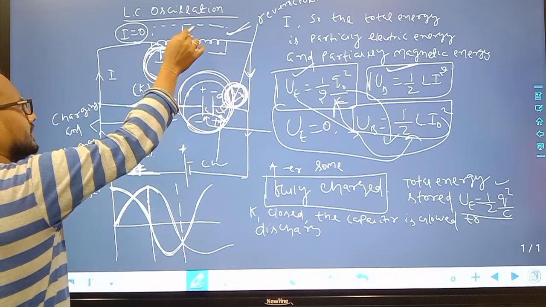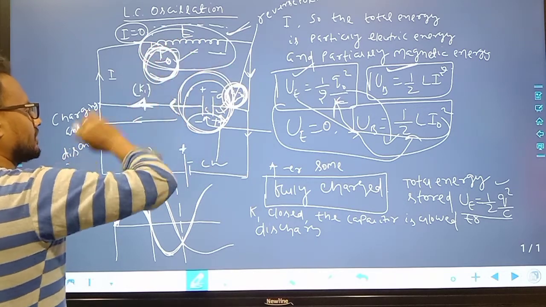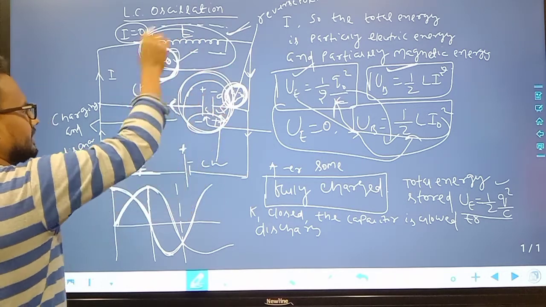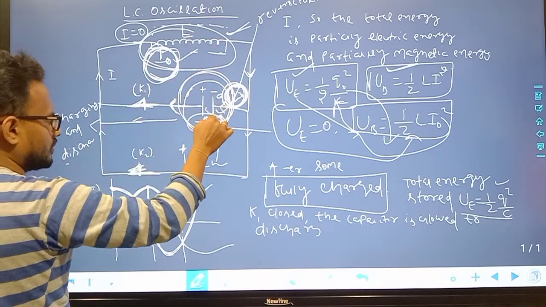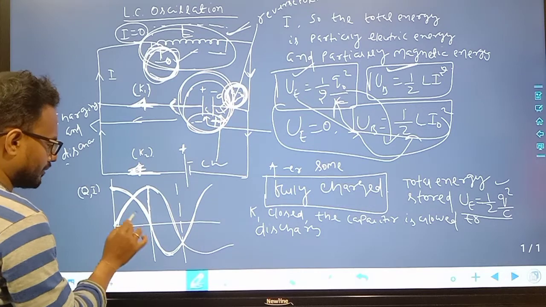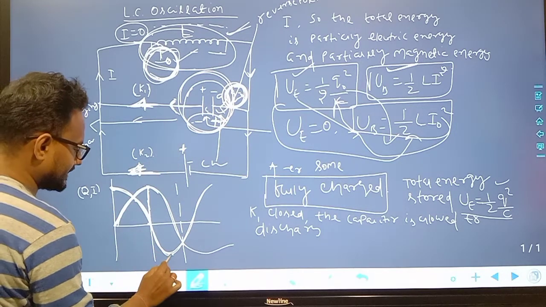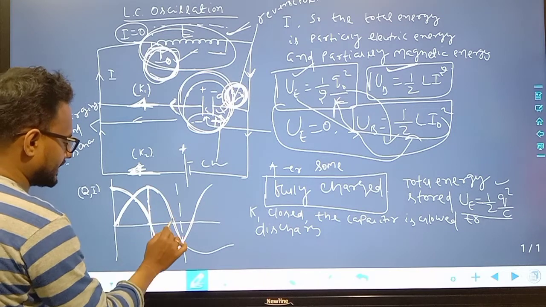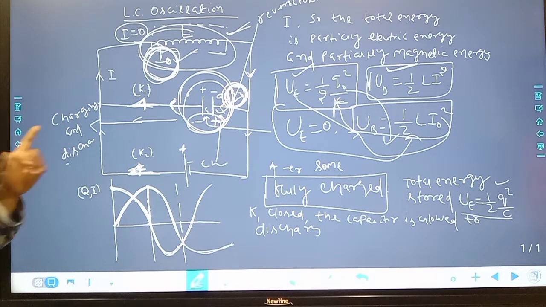Why? Because the current is opposed by the inductor, so the polarity is reversed. The charge increases in the reverse direction, but the current decreases in the reverse direction. So this is the charging condition.